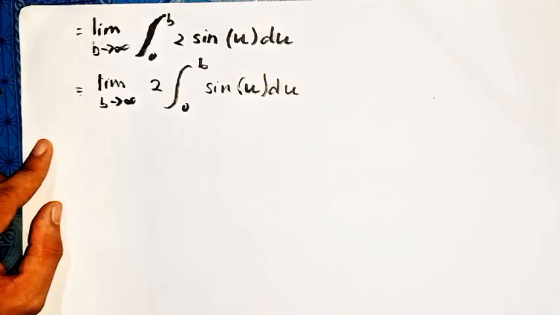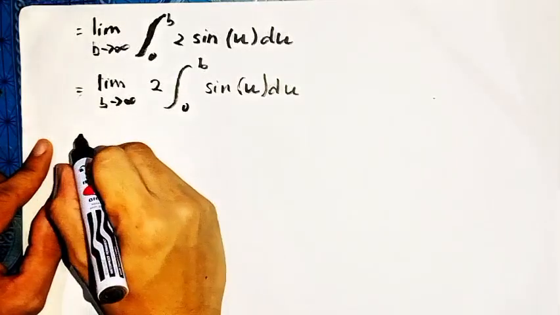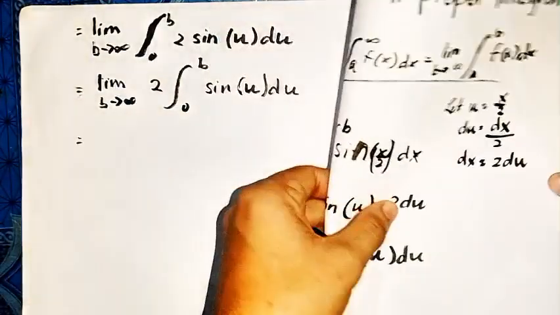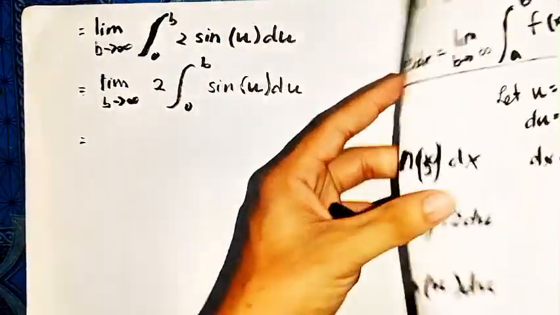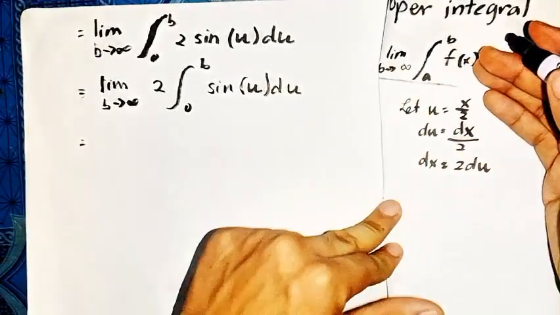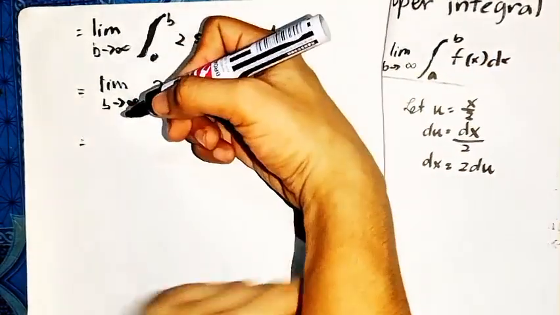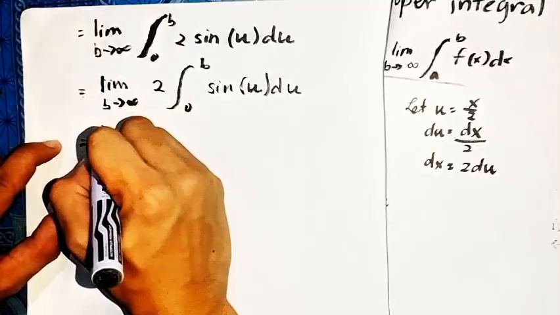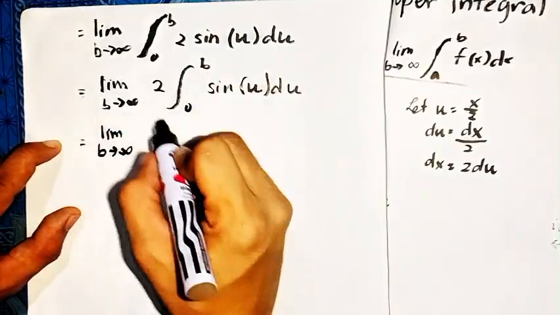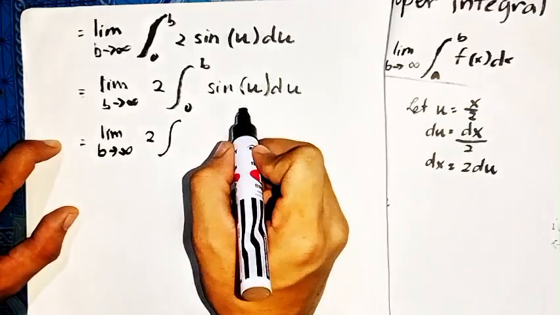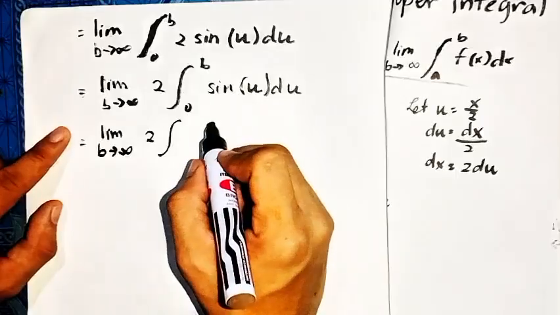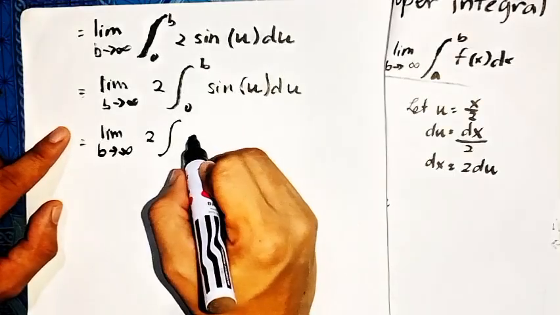Now let's remember the values of this one. So limit b approaches infinity, we have 2, the integral of sine u du, which is cosine, right?